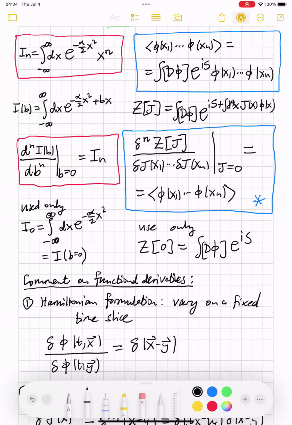Now, to calculate I of b, all that we needed to know was I naught, and we calculated it by doing a shift. It seems reasonable to expect, and later on we'll prove it, that to calculate Z of J, all that we need to know is the value of Z of naught. Do we know the value of Z of naught?